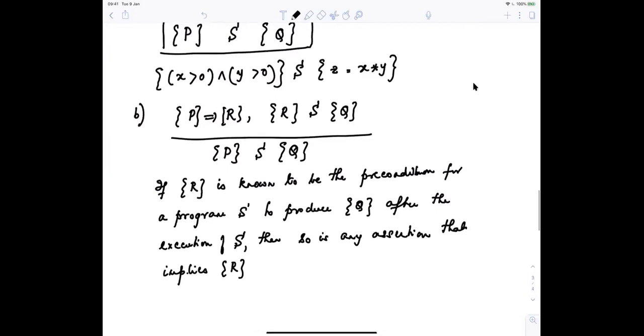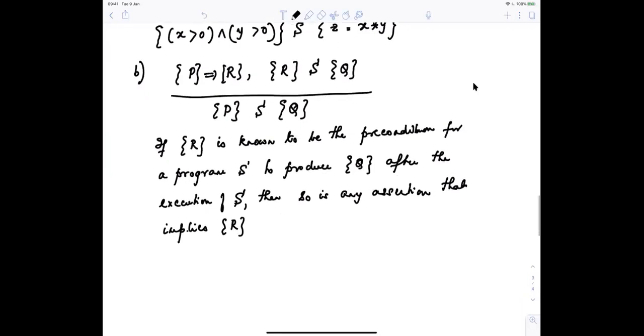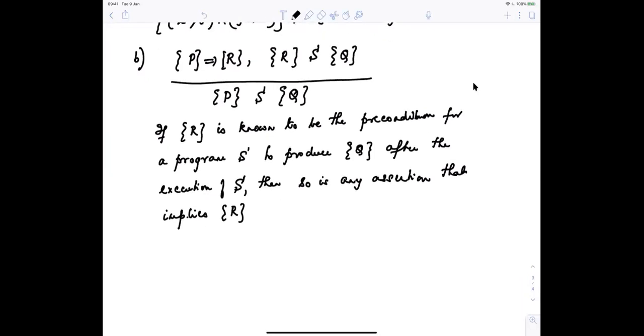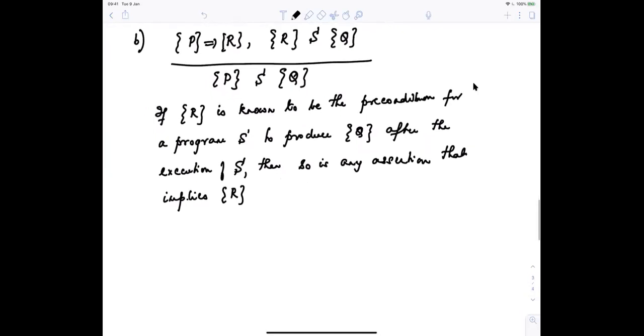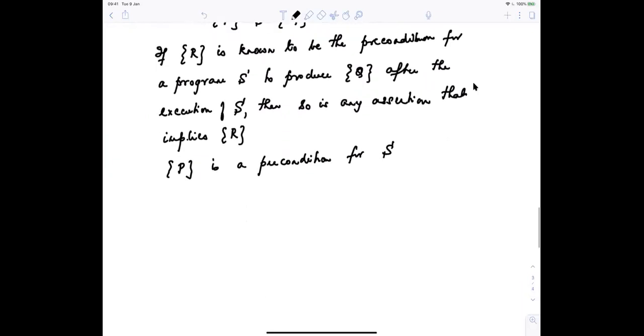Then we can safely conclude that P is also a precondition for the sequence of statements for a program S leading to the assertion Q. So now what is it becoming here? P now is a precondition for S. Okay, this is the important takeaway.